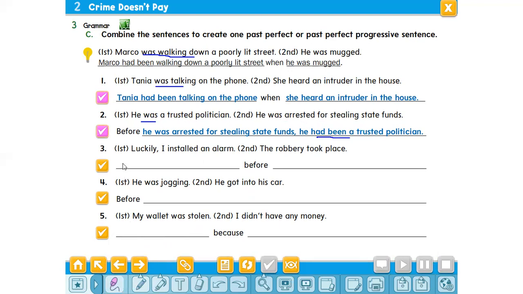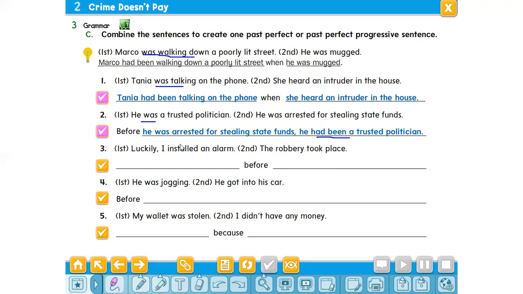Number 3. The first action, luckily I installed an alarm. Second action, the robbery took place. Again, before is followed by the second action. The main verb here is in the past form, so which tense will we use, past perfect or past progressive?